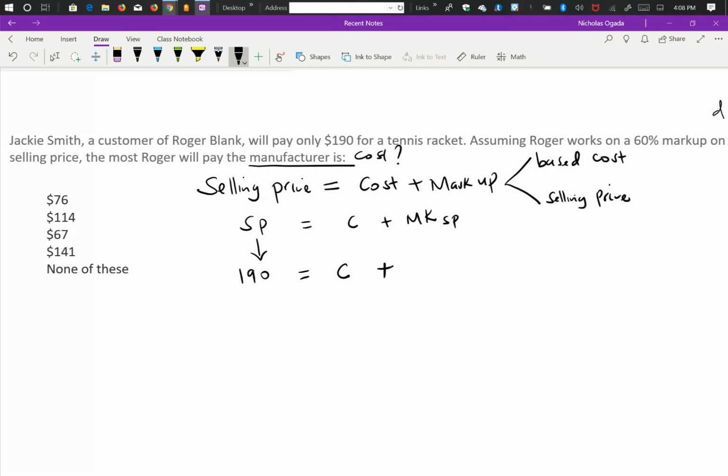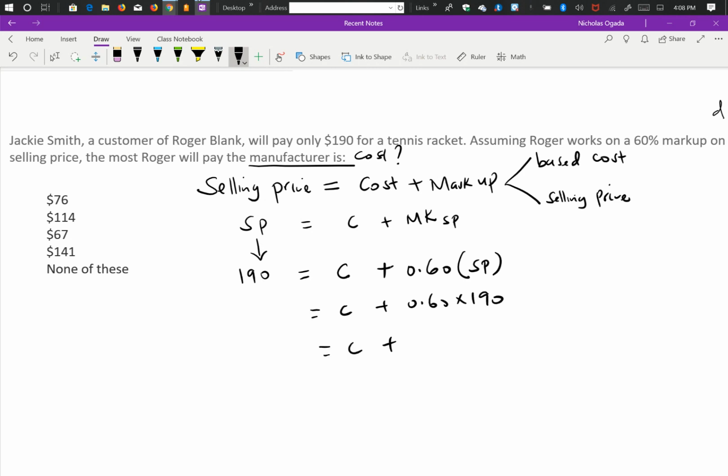And our markup, we know that our markup is 60%. But this markup is based on a selling price. Do we know the selling price? Yes. So we take 60% of the selling price, which is 190.